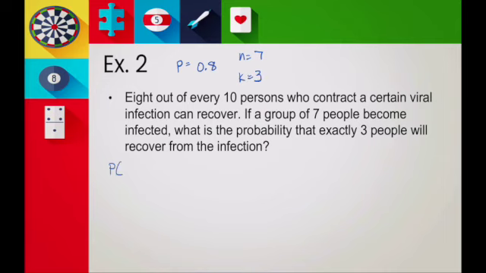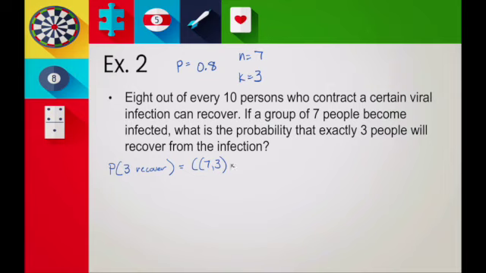So for the probability of exactly 3 people recovering, we're going to use that binomial formula. That's going to be the combination of 7 choose 3. How many different ways can we pick the 3 people to recover from the infection?